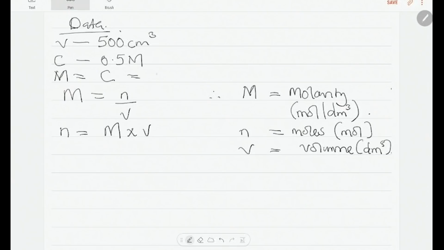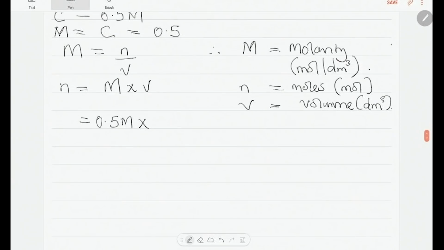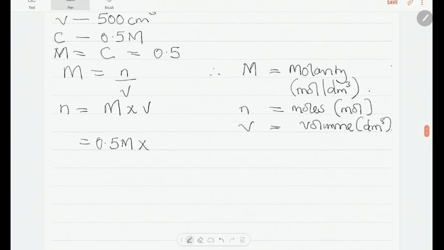Then we make N the subject of the formula by multiplying M and V. So in this case, we are going to have M, 0.5 molarity, multiplied by V, which is 500 centimeters cubed. But bear in mind that the volume we've been given is in centimeter cubed.